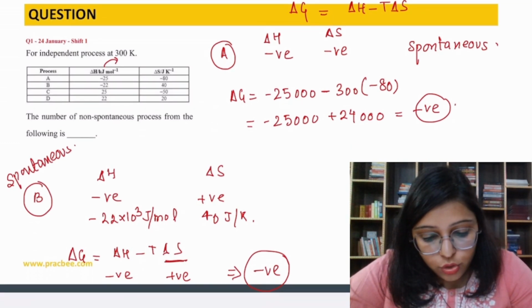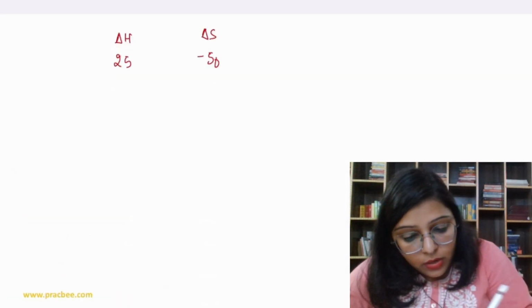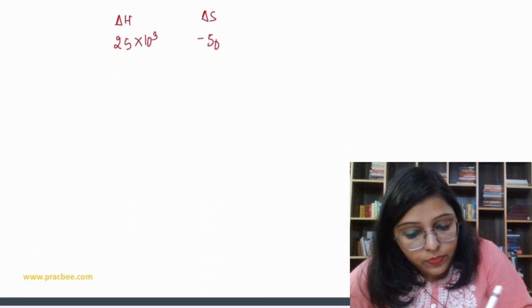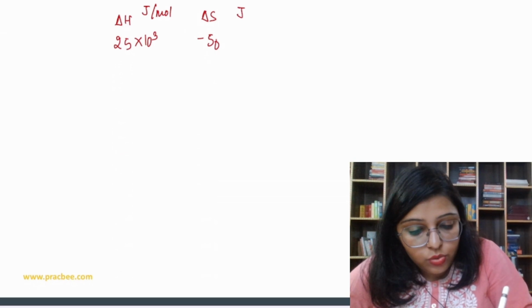So we have delta H 25 and delta S minus 50, right? 25 into 10 to the power 3 joules. That is in joule per mole and this is in joule per Kelvin.